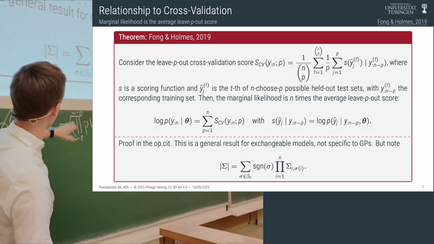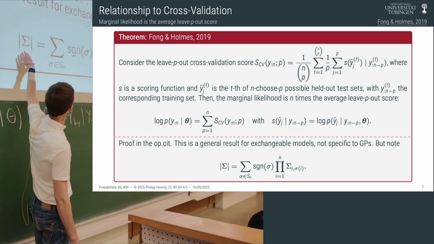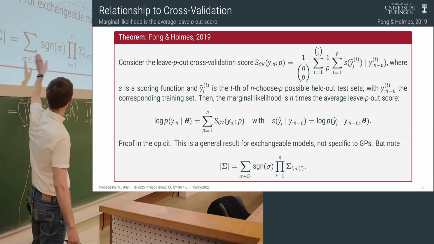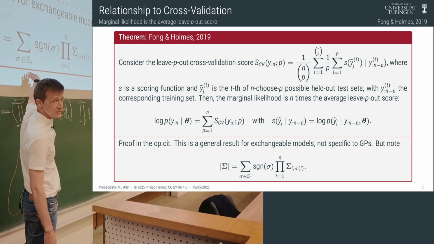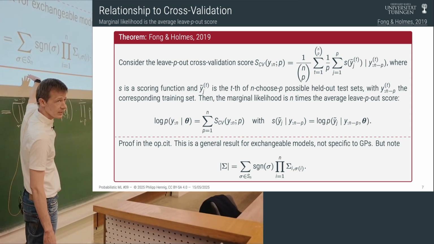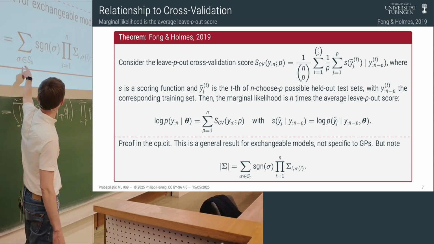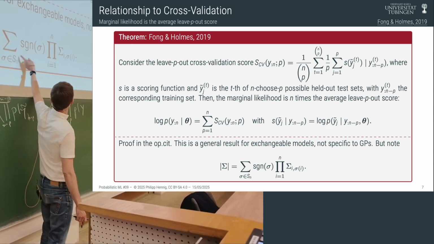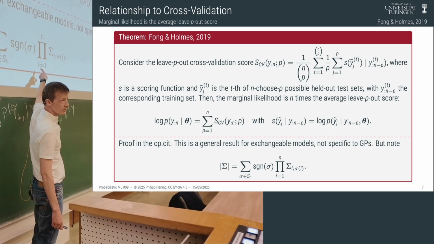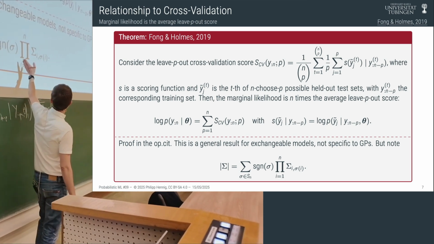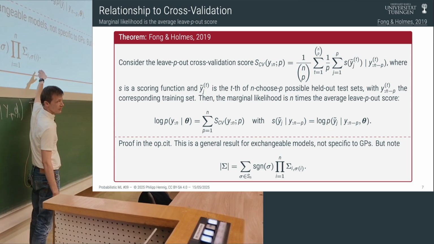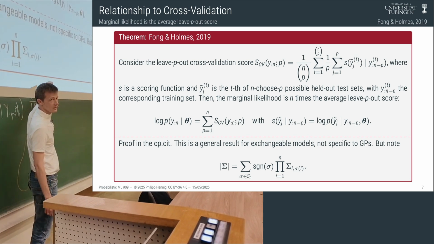One way to define a matrix determinant is as a sum over all possible permutations of n columns and rows of a matrix, that's the symmetric group with n entries, of the sign of the permutation times a product over all the columns of the matrix and where they are mapped to under this permutation.